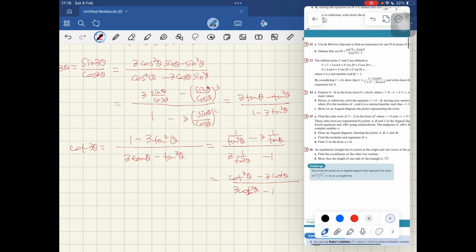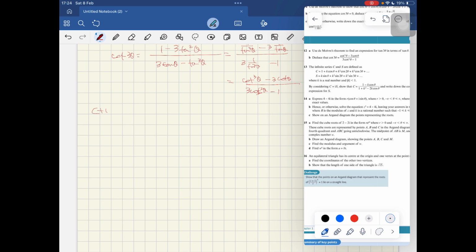And number 13. C plus iS is 1 plus k (cos theta plus i sine theta), plus k squared (cos 2 theta plus i sine 2 theta), plus k cubed (cos 3 theta plus i sine 3 theta), and so on.